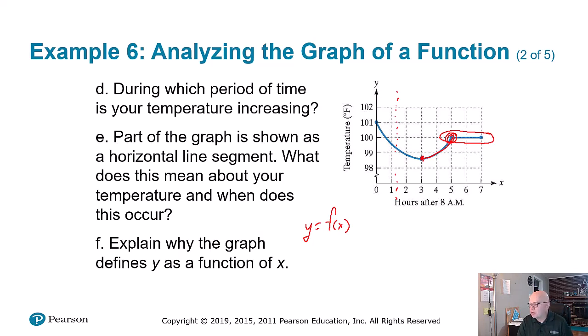That means that at any point after 8 a.m., you have one temperature. You don't have two temperatures at the same time. Well, that makes sense, right? Your temperature is a function of what time it is during any particular day. You can only have one temperature when you take the thermometer out.